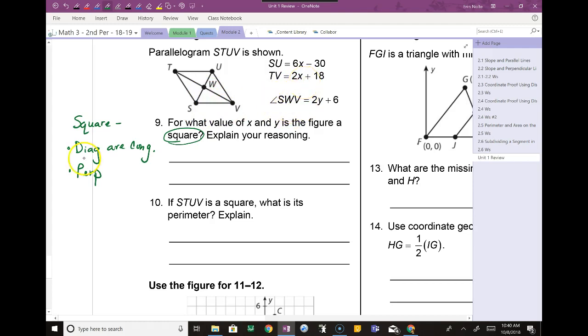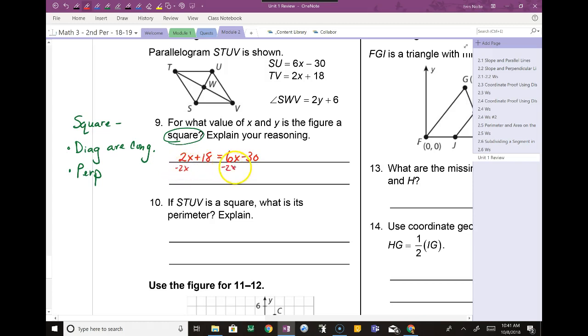So for me to solve these 2 equations, I'm going to say my 2 diagonals are going to be equal. So algebraically, I'm going to set the 2x plus 18 equal to the 6x minus 30 and just solve that equation. So I'm going to start by getting my x's on the same side.